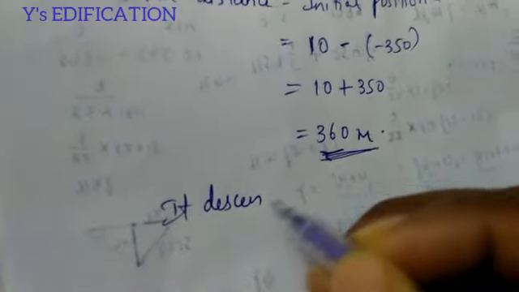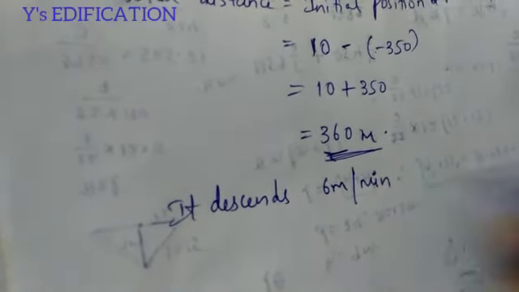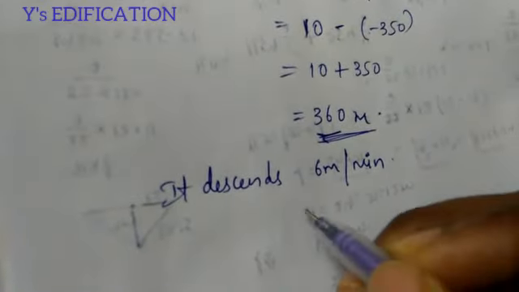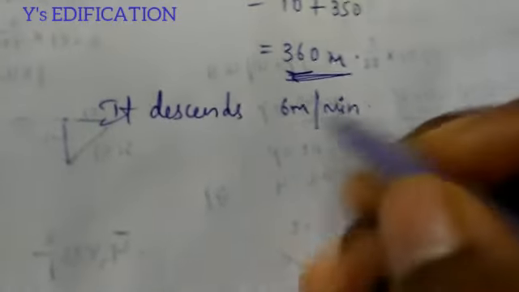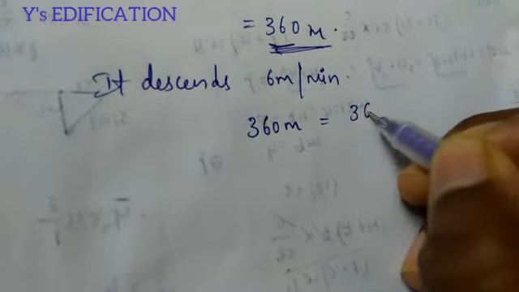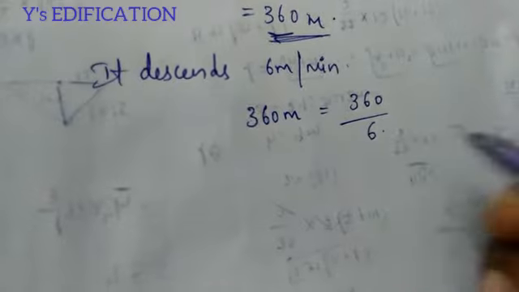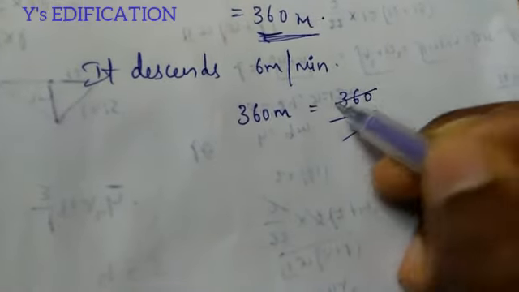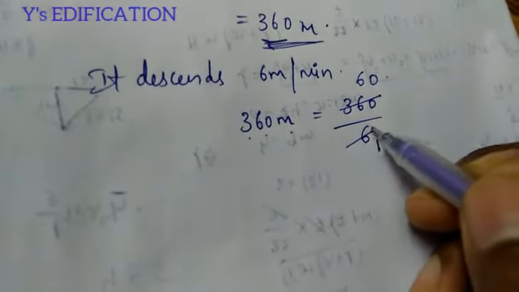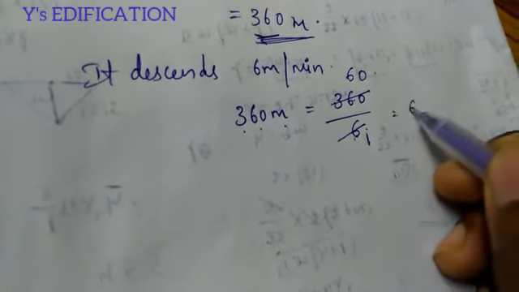It descends, and descends means it goes down. It descends 6 meters per minute. For 1 minute it goes 6 meters deep. So for 360 meters, how much time is needed? 360 by 6. 6 into 6, 360 by 6 is 60.